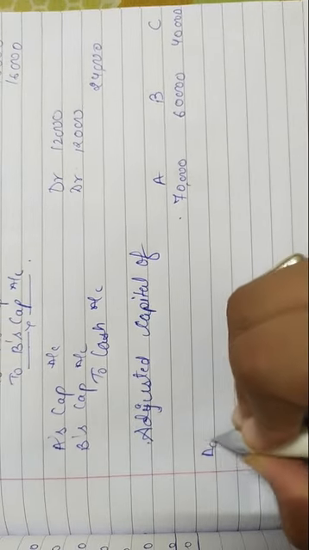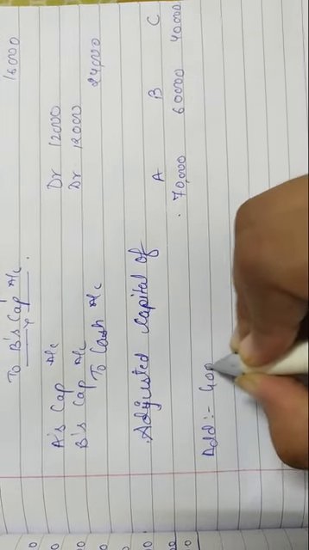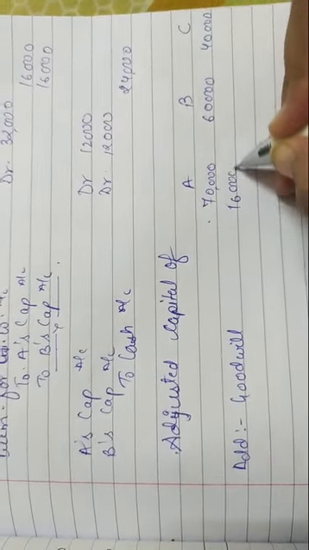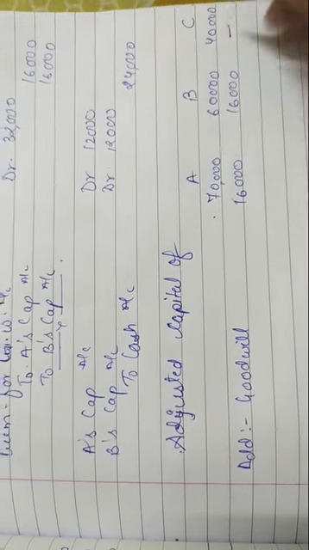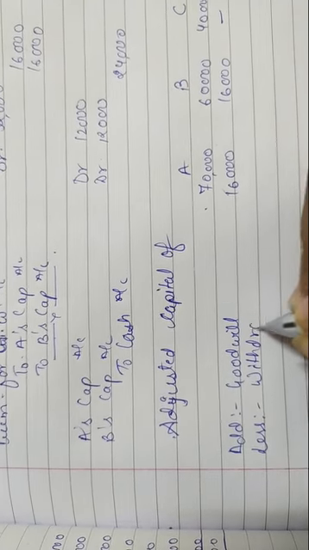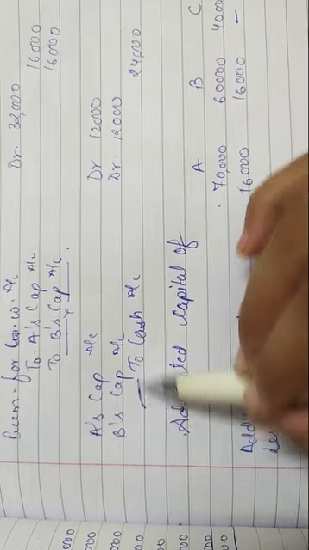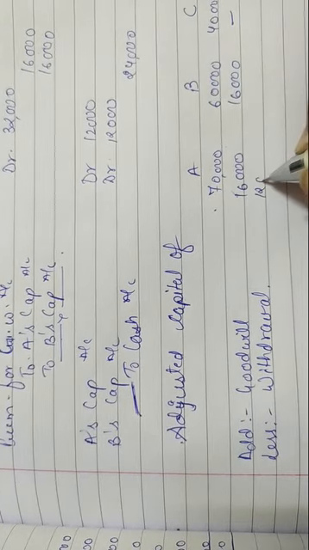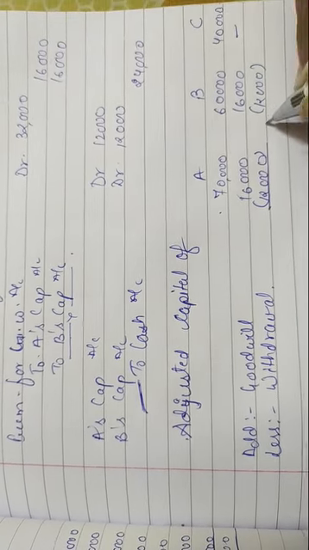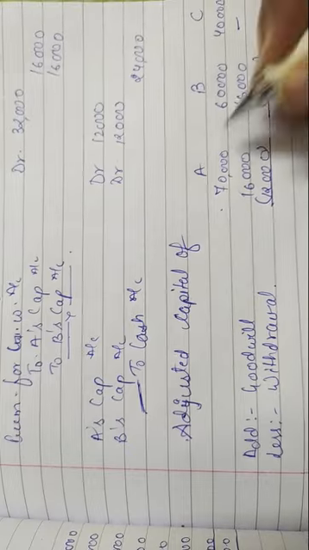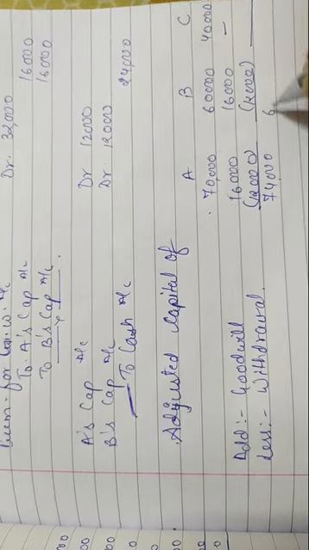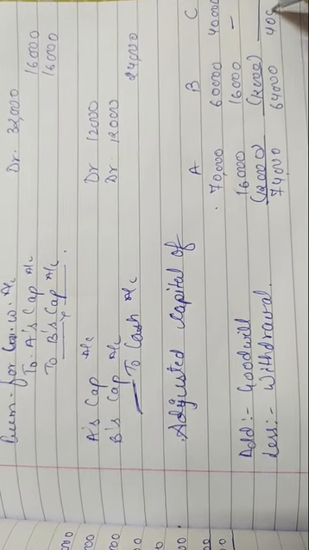So we will add the goodwill, that was 16,000 and 16,000 to A and B, nothing to C, and less the withdrawal, 12,000 and 12,000. So there was nothing that has to be added or subtracted from these capitals. So it will become 74,000 of A, 64,000 of B and C has 40,000.